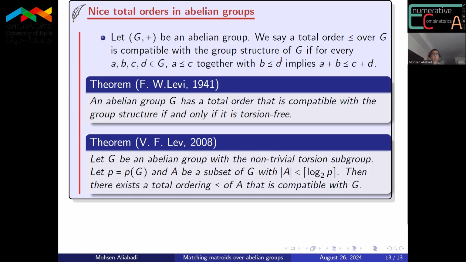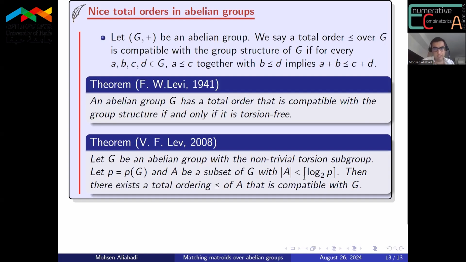If we are dealing with an abelian group with a non-trivial torsion subgroup, let's say of order P, assuming that a subset A of our group is small enough, less than the logarithm base 2 of P, then we can define a total ordering over A which is compatible with the group structure.